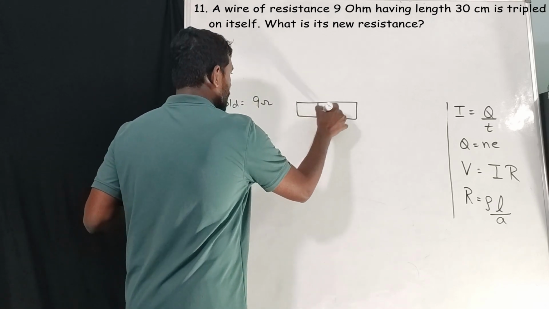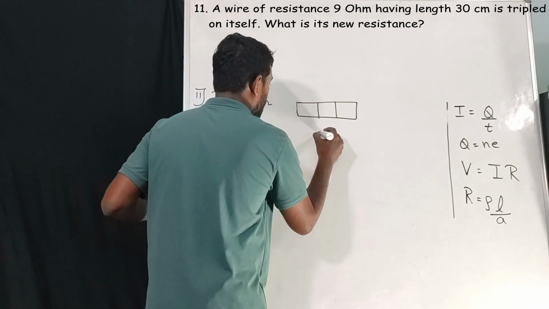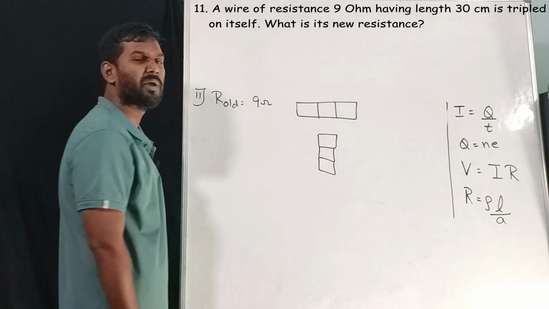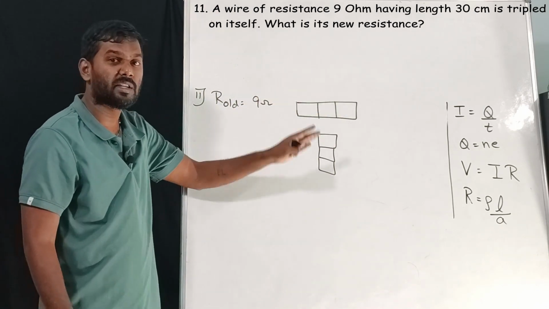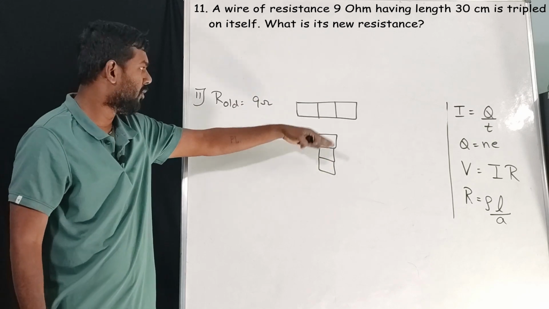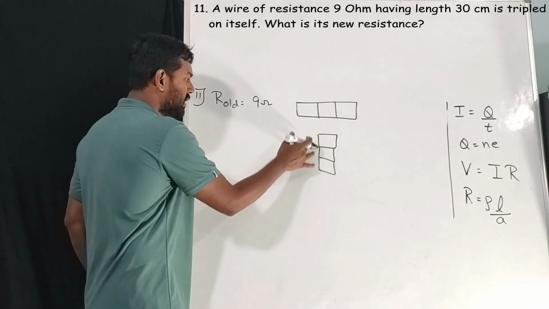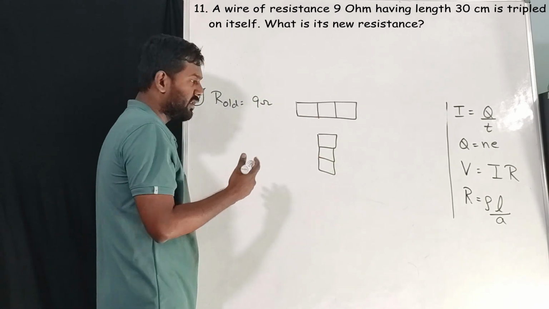See, I'll cut this one into 3 equal parts. So this is the meaning of tripled on itself. So this is the length, 3 times I have to divide it equally. Once you do that, tripled on itself, one on the other, this is the new area of the resistance.